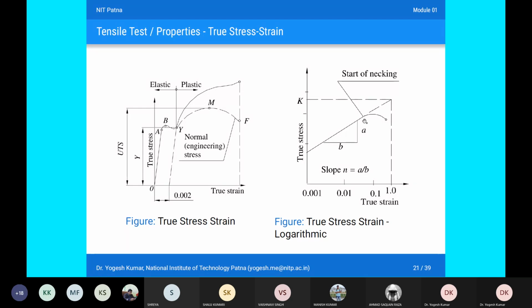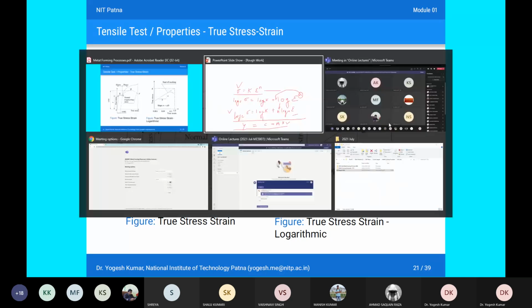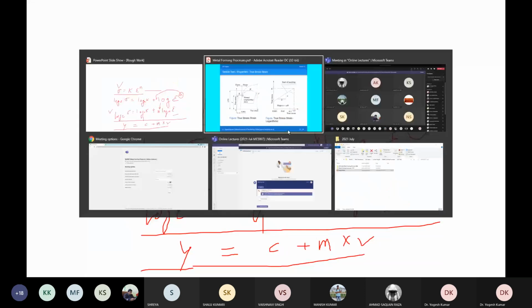At the point where necking starts, there is a slight slope or decline in this line. After necking, the natural log of true stress is not increasing much.